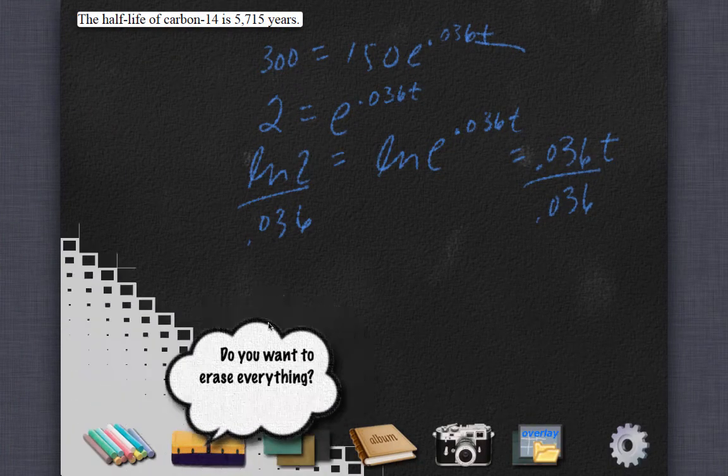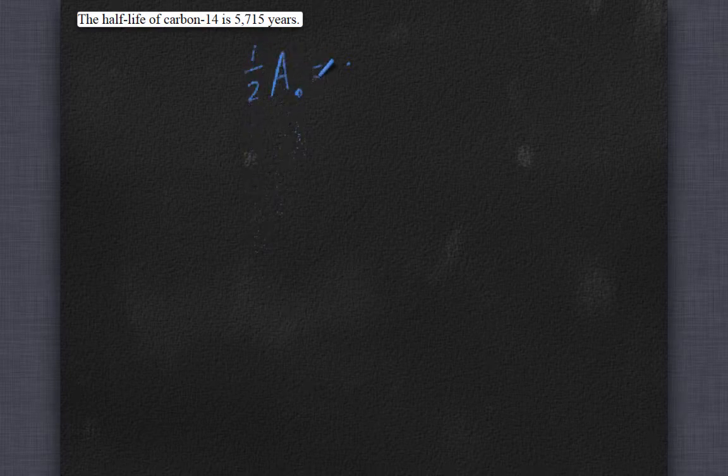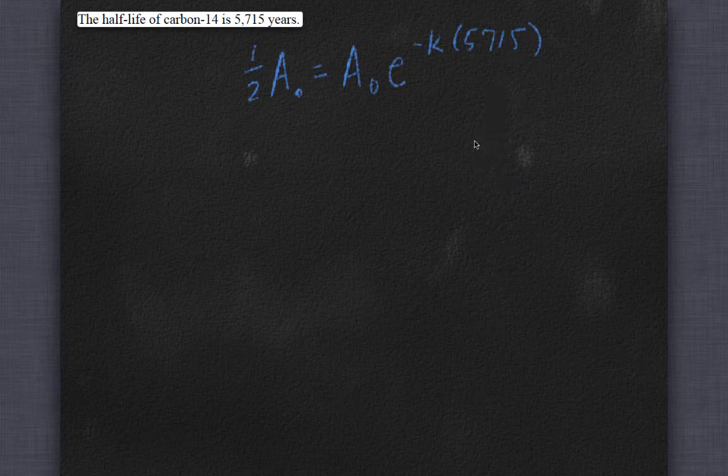Now, you may have been given a formula that you just plug half-life into. And here's the reason. So we want to end up with half of whatever we started with after 5,715 years. So these can just cancel out. So I've got 1/2 equals e to the k times 5,715.